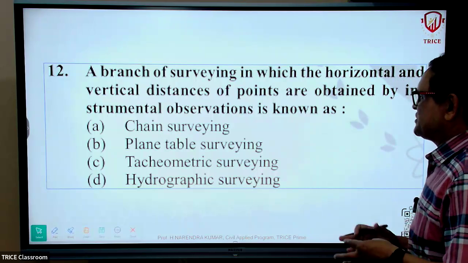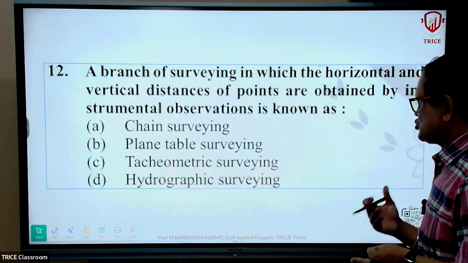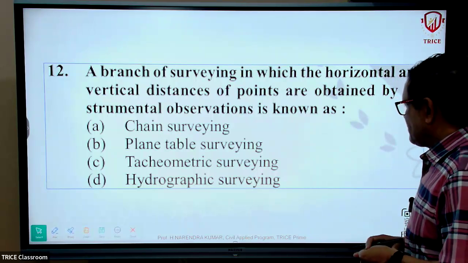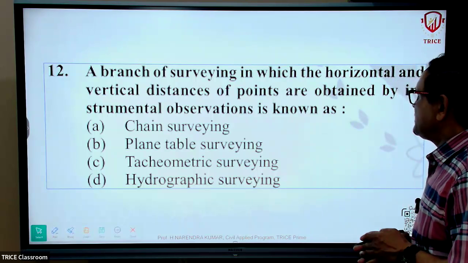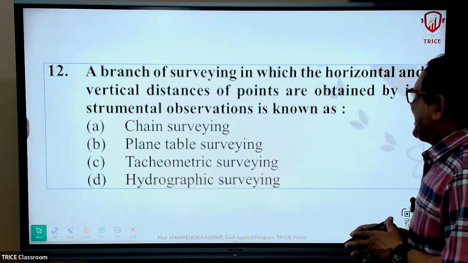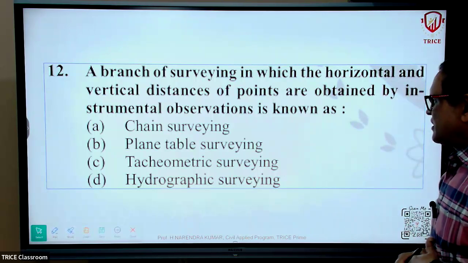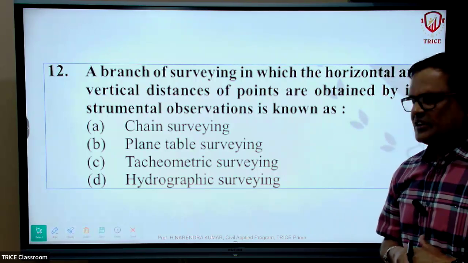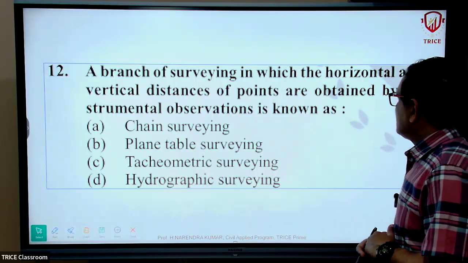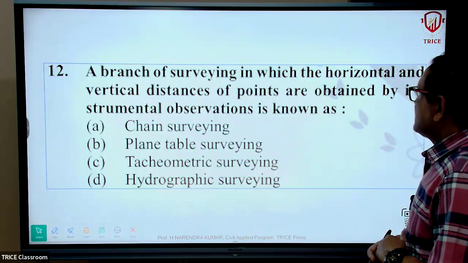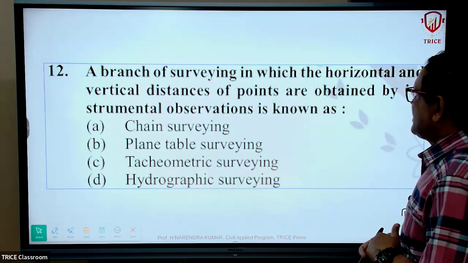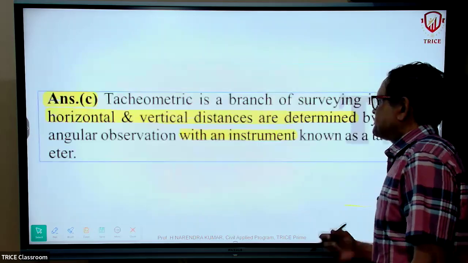No. Plane table surveying, vertical distances? No. Hydrographic surveying, vertical distances? No. So only tachymetric surveying, wherein a tachymeter is used, so that I can determine both horizontal and vertical distances of points.